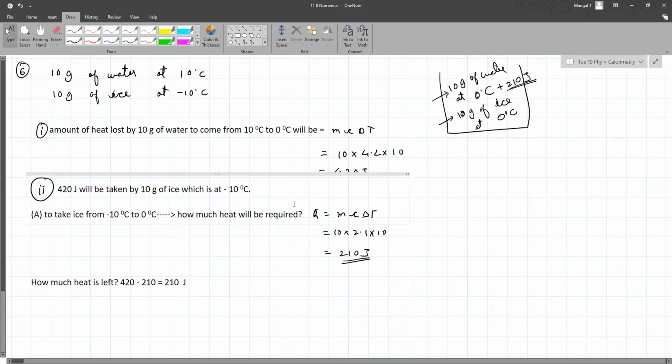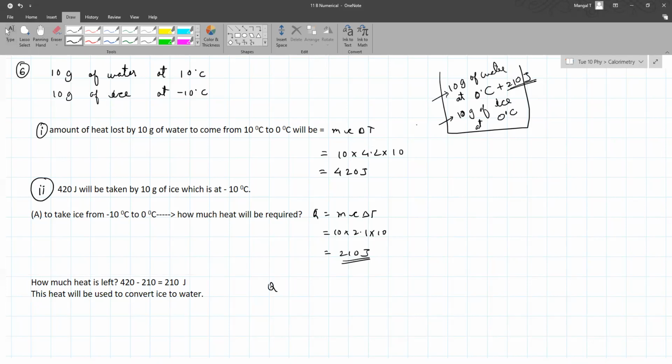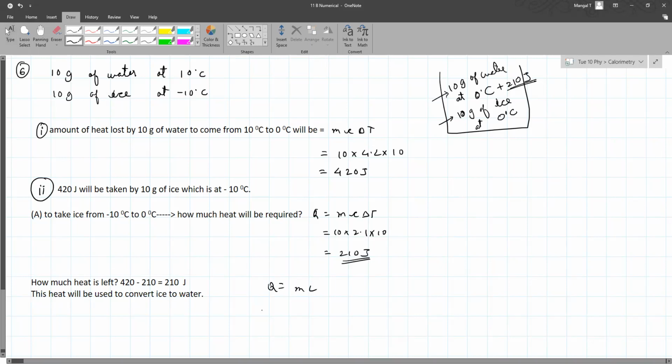Okay, so let's write that down here. This heat will be used to convert ice to water. Now we know that Q is equal to mL. So therefore 210 is m into 336.